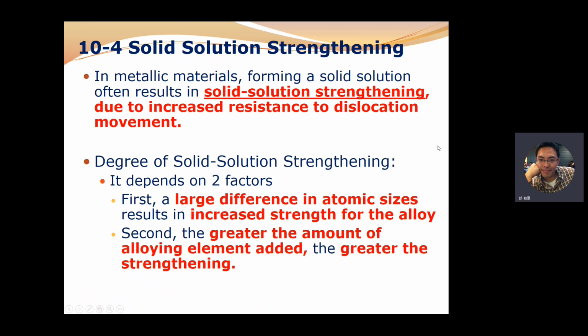We cannot just read this text. We have to think about it deeply and try to explain this, or try to plot an image that represents this mechanism of solid solution strengthening.